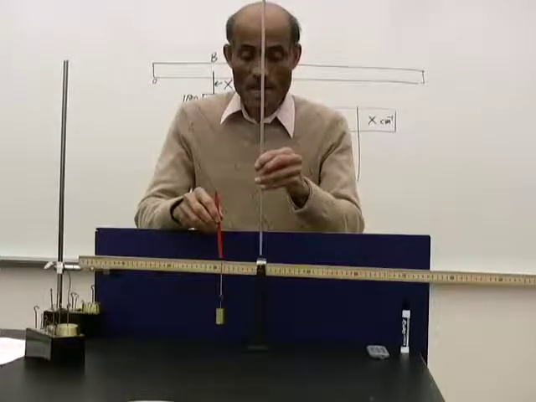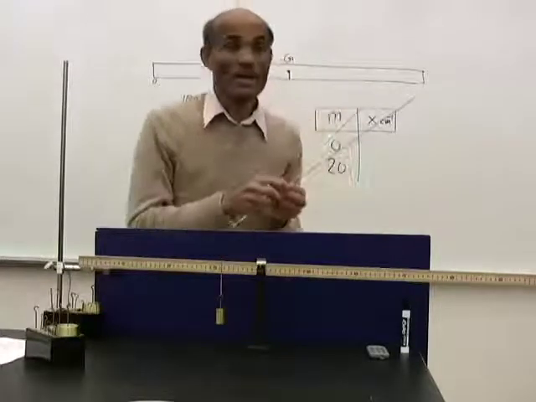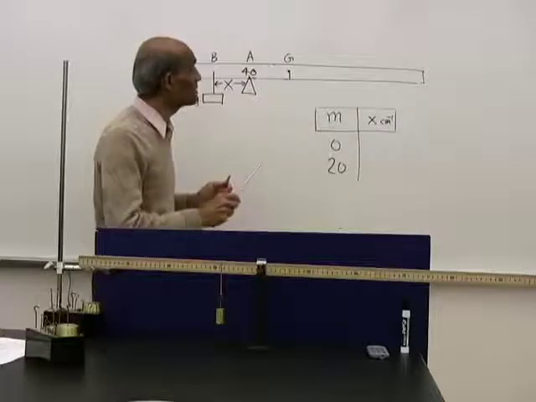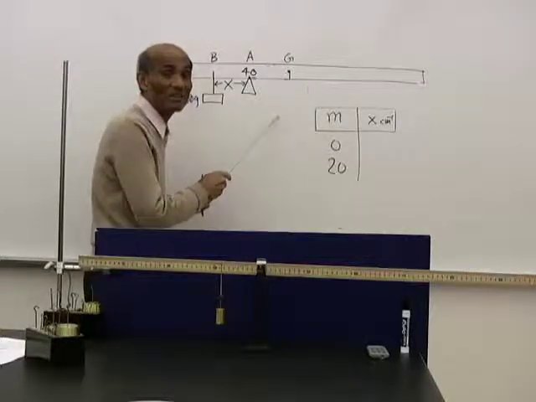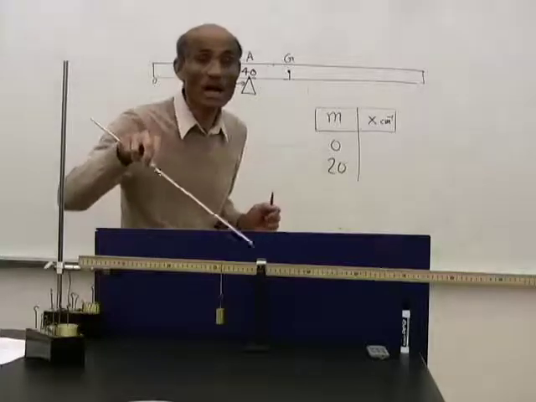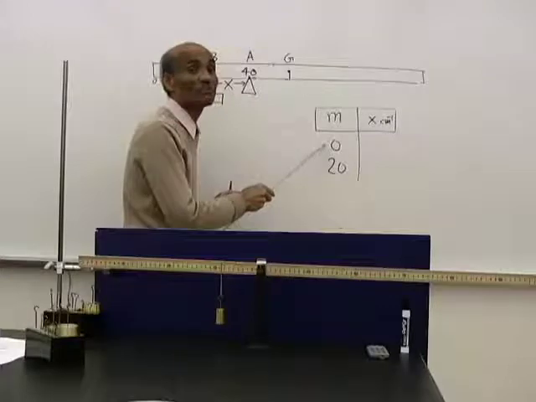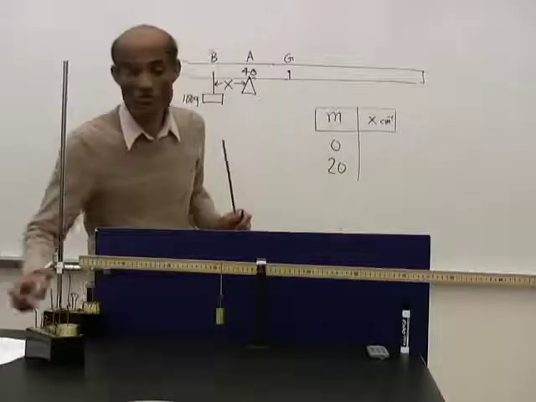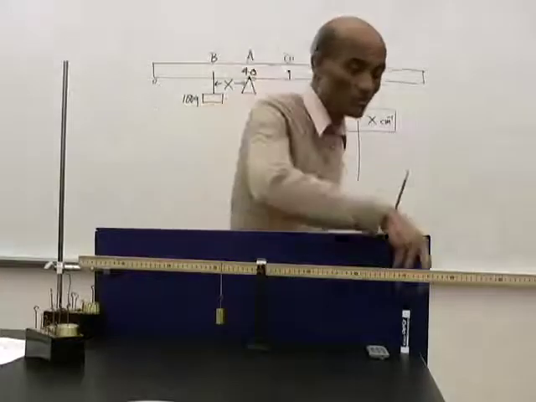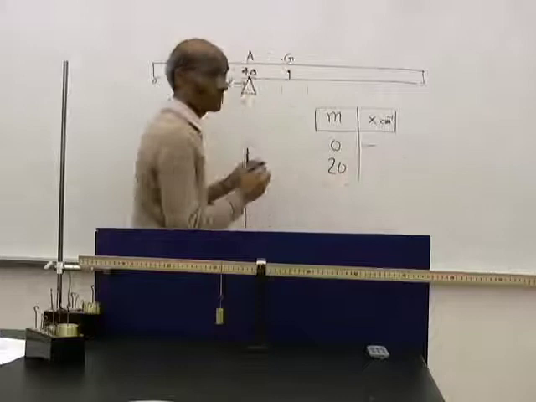Okay, and multiply with the conversion factor. And now in this experiment we will be suspending masses from the center of gravity, and for this trial the mass suspended at the center of gravity is 0, and write down the value of x corresponding to m equal to 0. So you will have a value of x there.